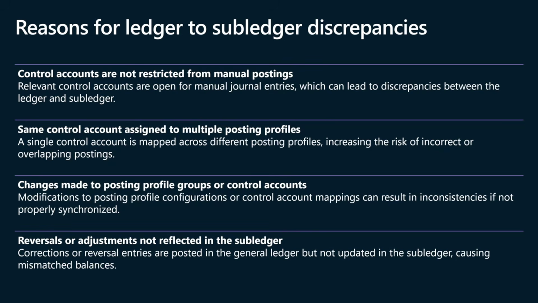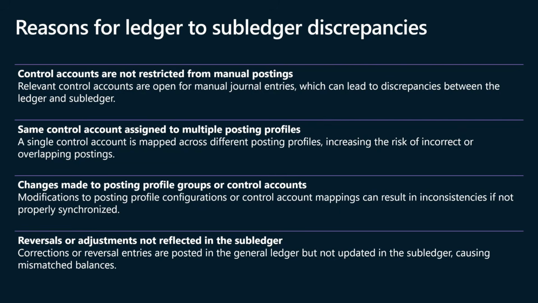The other reason that we've seen is that the same control account is assigned to multiple posting profiles. An example is where an account which is part of the vendor posting profile is also associated with an inventory posting profile. We have seen the account being used in both places, which can lead to incorrect or overlapping postings.